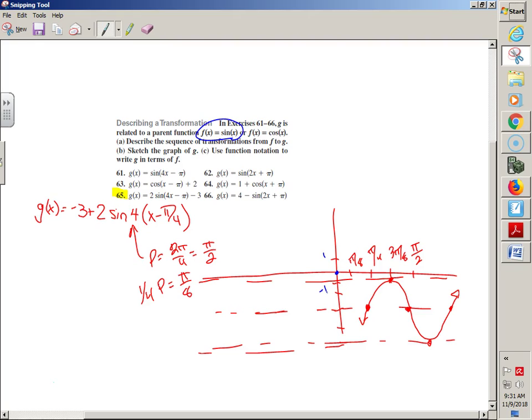It would have, well, did not mean to erase that. That's okay.